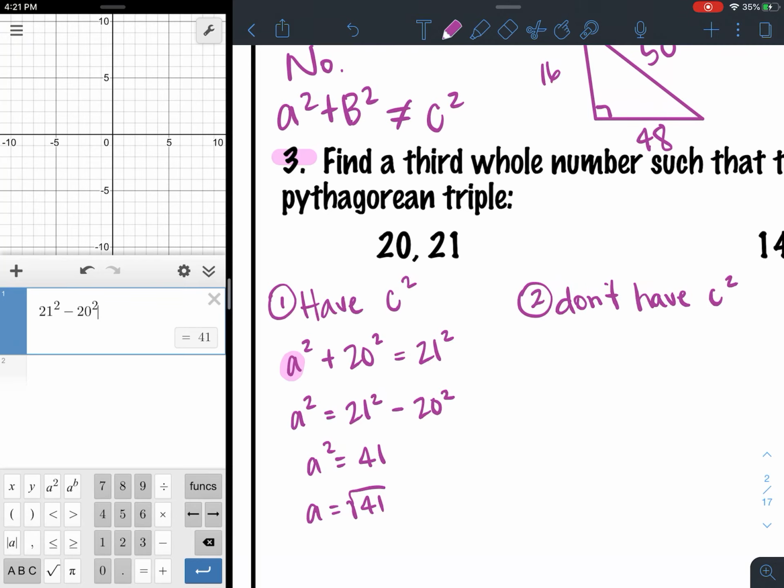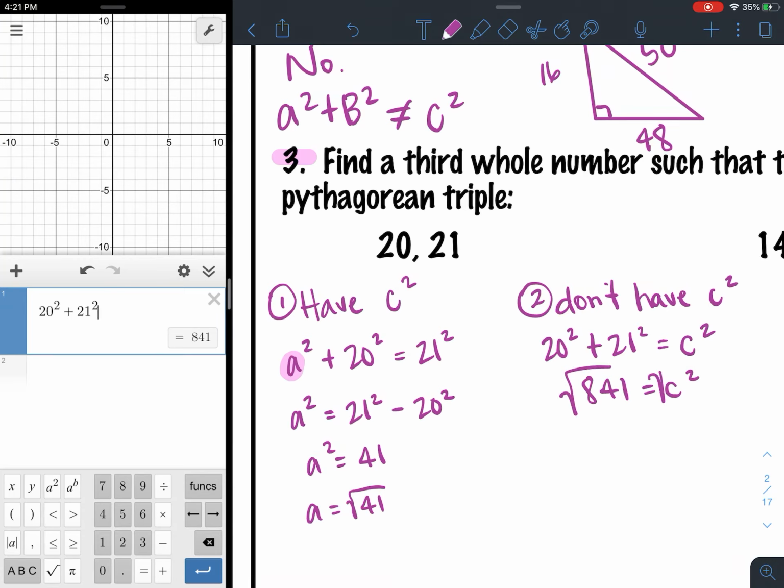Let's pretend that we don't have c squared. So that tells us that 20 and 21 are our a and b. So I'm going to start out here with 20 squared plus 21 squared is equal to c squared. And 20 squared plus 21 squared is 841.